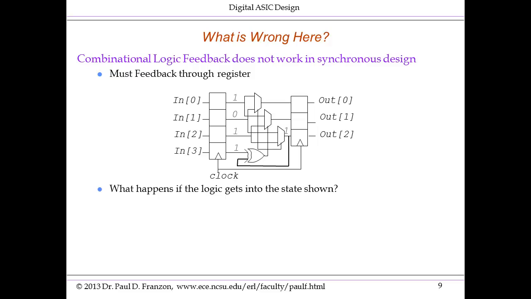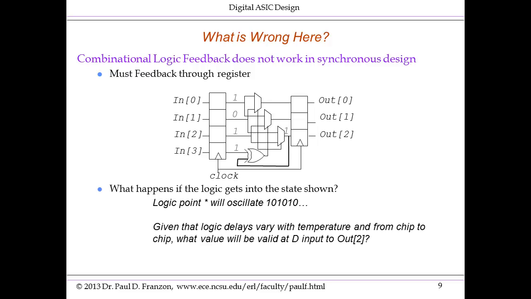This is going to cause a problem. What's that problem? Well, if you think about it, what's going to happen is the logic at the point star, which is here, will oscillate. You'll go 1 0 1 0 1 0 1 due to this feedback loop that you've created internal to the logic.